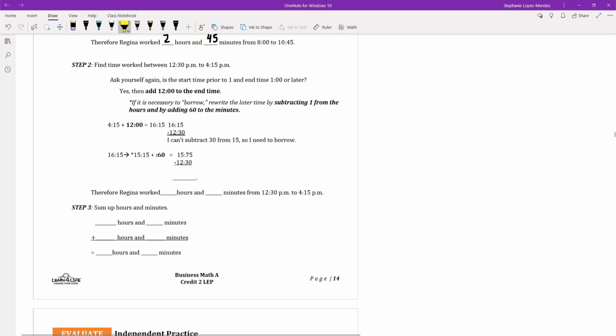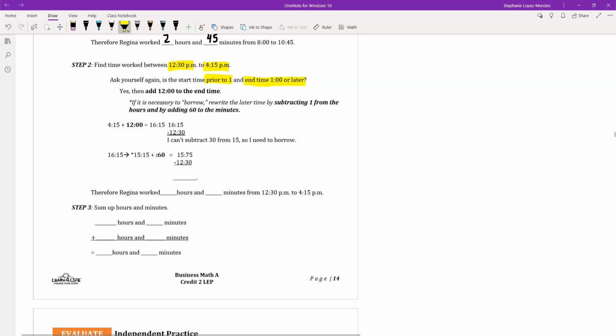Now step number 2, it says find the time worked between 12:30 p.m. and 4:15 p.m. Now in this case, we need to ask ourselves if the start time is prior to 1 and if the end time is 1 or later.